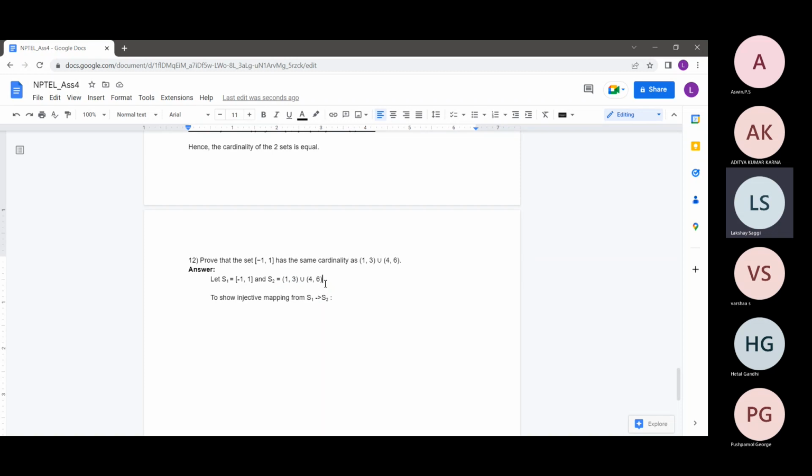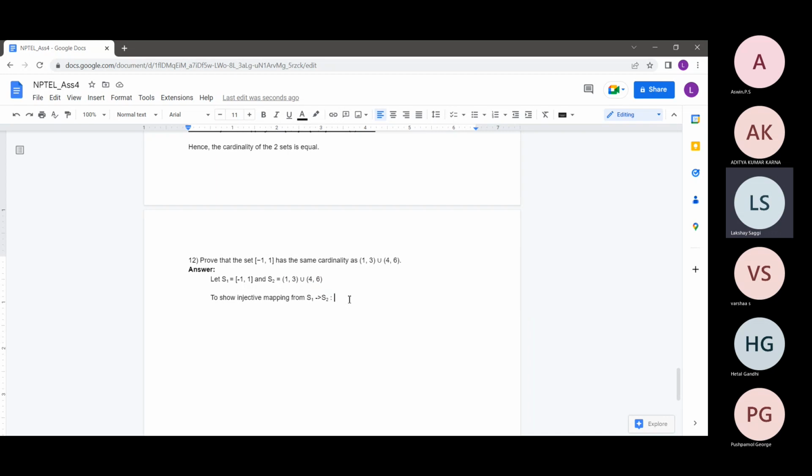This is why I prefer injective function in this question. For surjectivity, you would have to take care of all these values which are disjoint intervals. But for injectivity, you just need an injective function and you don't need to include all the possible values of S2 in the range of that function. So I hope you get the drift of my argument.